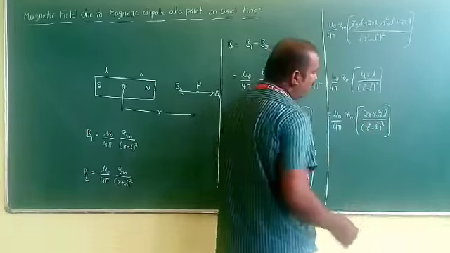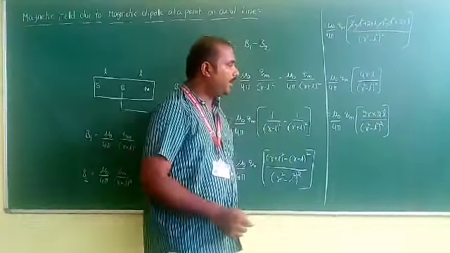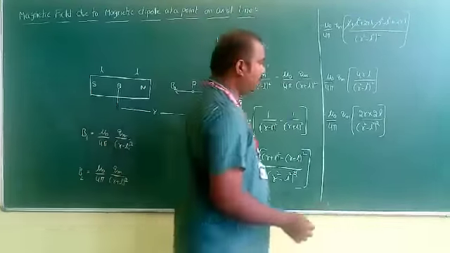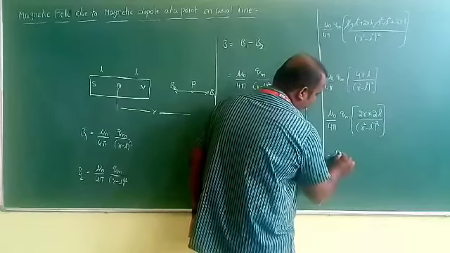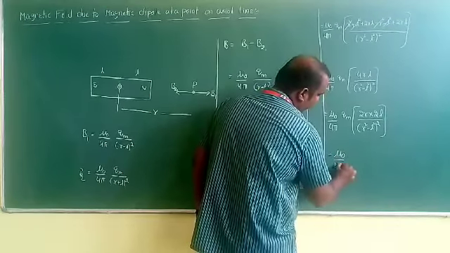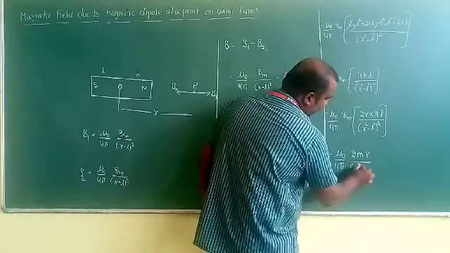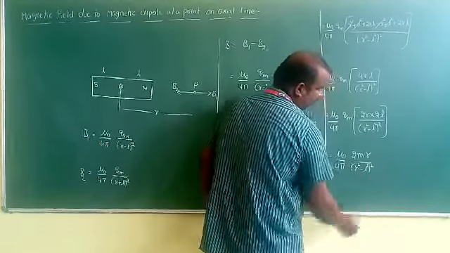Now this Qm into 2L I can write as the magnetic dipole moment m. So in place of that I can write mu naught by 4 pi into 2mr by r square minus L square whole square.